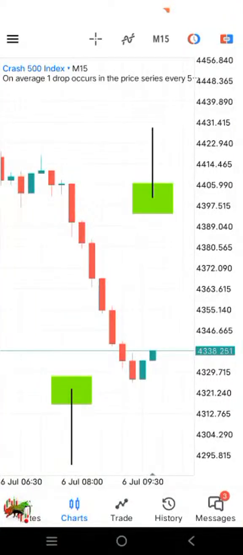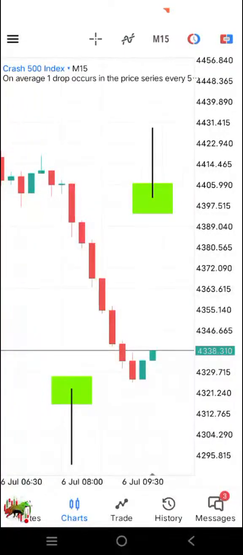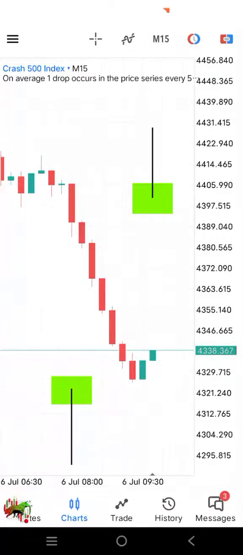How to find out a reversal using the hammer candlestick pattern. What type of hammer is good and what type of hammer is not good. Okay, buddies, let's move forward. What type of hammer?